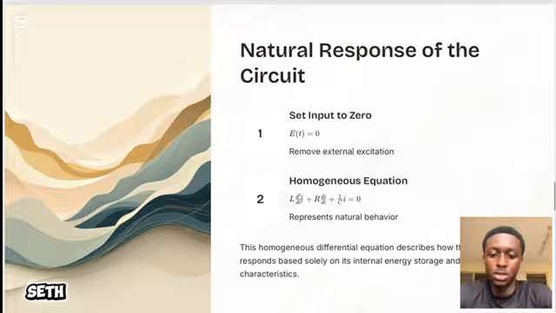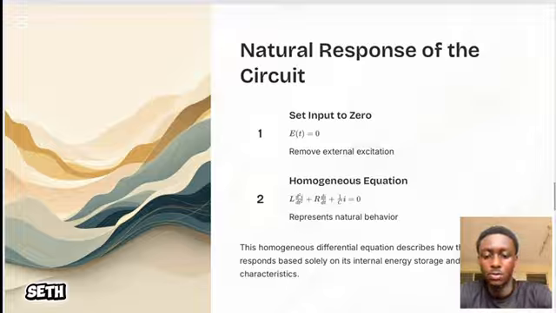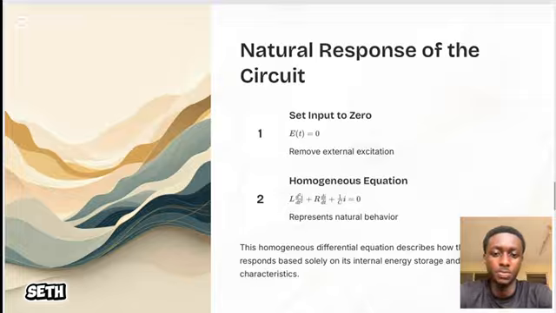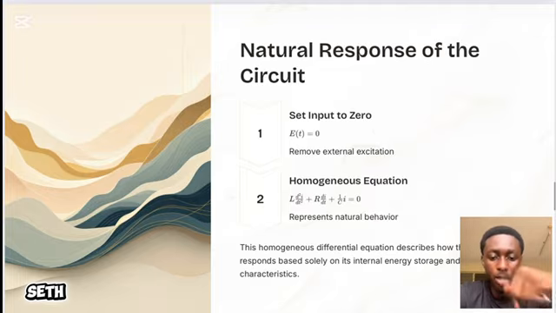To solve this equation, we assume a solution for the current in the form i(t) equals e to the power st. By substituting this into our equation, we arrive at the characteristic equation s squared plus R over L s plus 1 over LC.